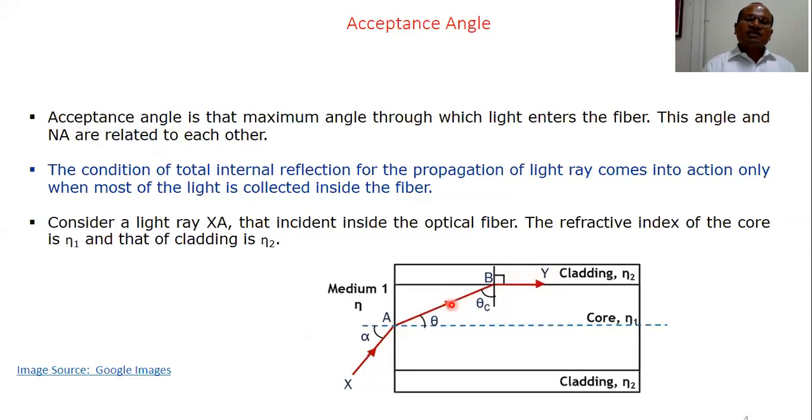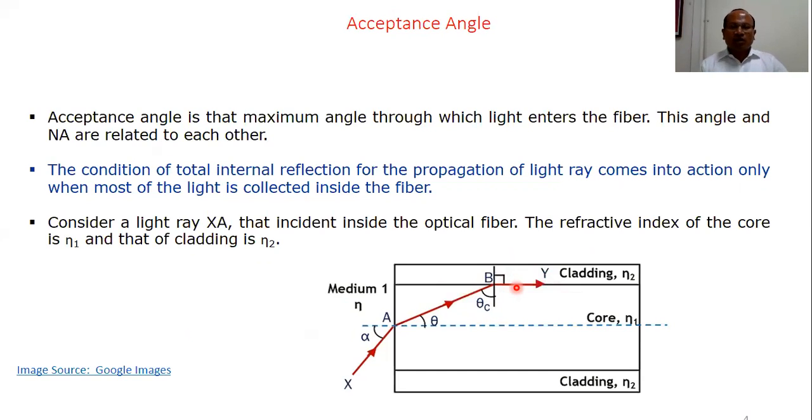When you increase this angle more and more, the refraction angle will increase, and when the refraction angle becomes 90 degrees at a certain angle of incidence at point B, that angle of incidence is called the critical angle. The light then follows the interface surface.